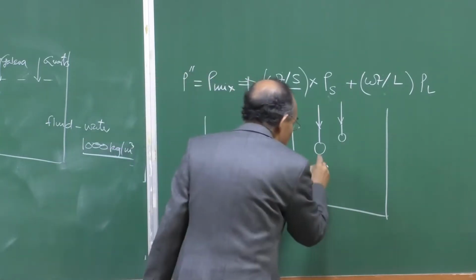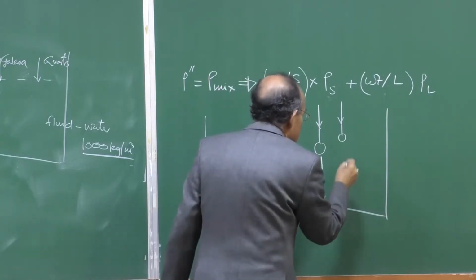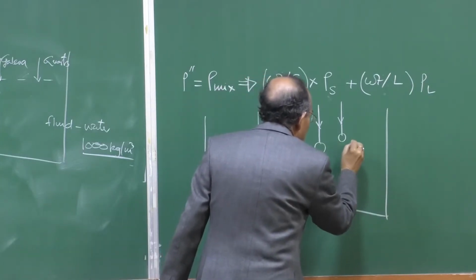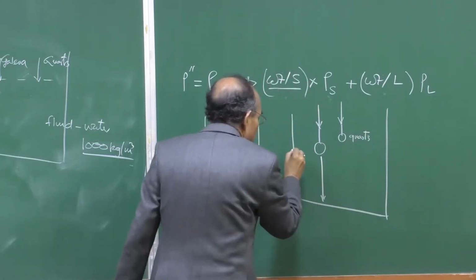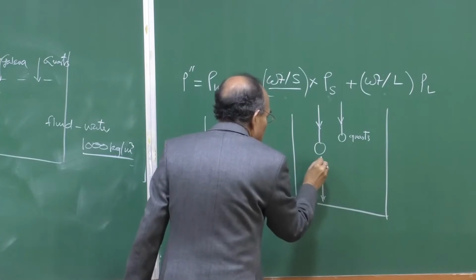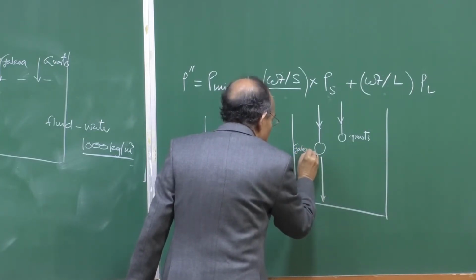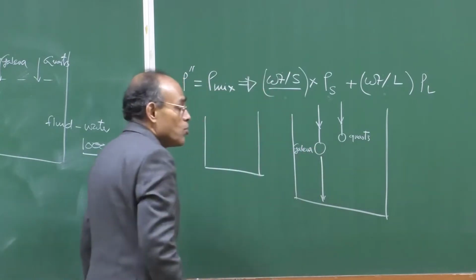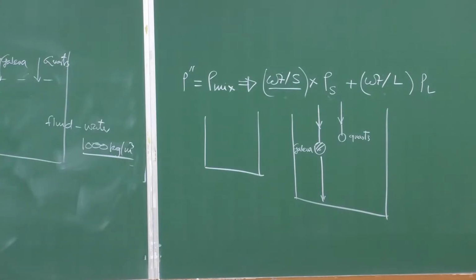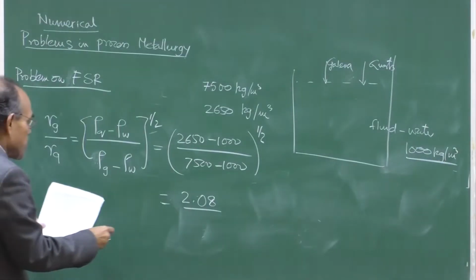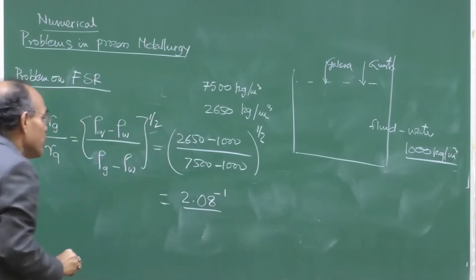So, the size of the Galena particle, and this is say quartz and this is Galena. So, it is the other way, sorry, this comes out to be 2, I missed that value.